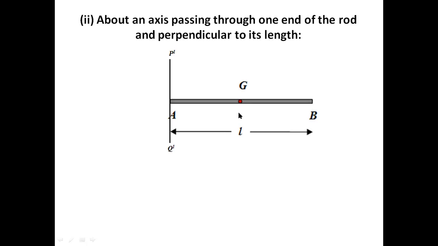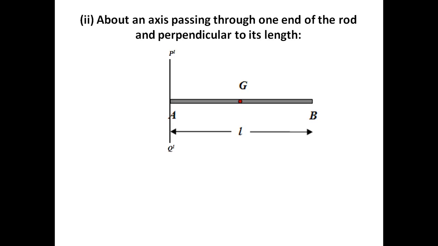Again, to calculate this, imagine that the whole rod is divided into small elements, consider one of the elements, and calculate initially its moment of inertia. The moment of inertia of the element is small m into x square, which we have represented in equation number 2: the moment of inertia of the element about the axis P dash Q dash is equal to m x square.